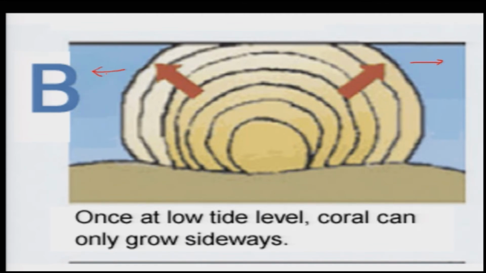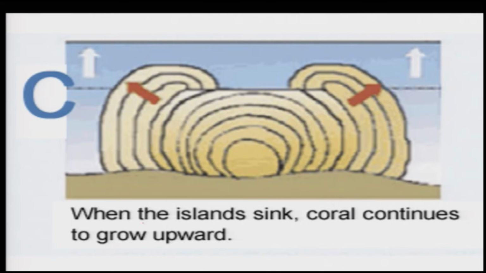Now, if there is a sudden change, for example, when the island sinks, okay, what happens is, again it will try to grow up. So, this was the last, so we can say the low tide level 1, and this is now the low tide level 2.